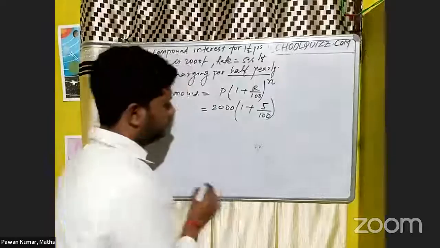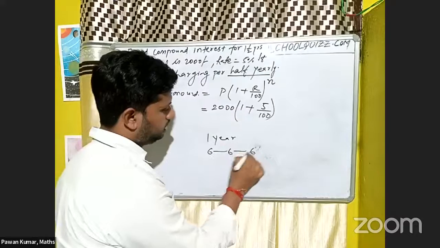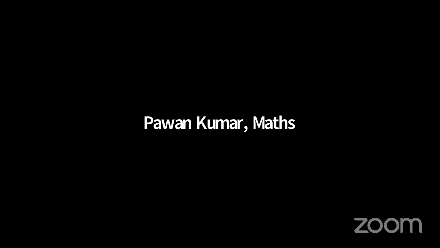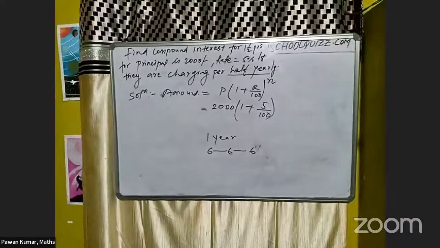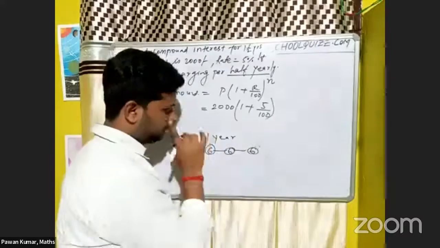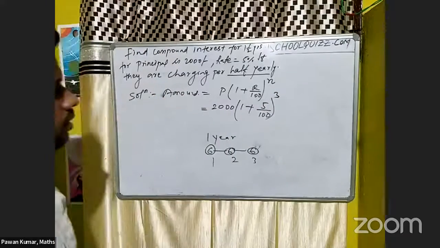Because I am charging half yearly, and 1.5 years is nothing but 1 year means 2 six-month periods, so 3 six-month periods will come in here: 1, 2, 3. So this 3 I can get.